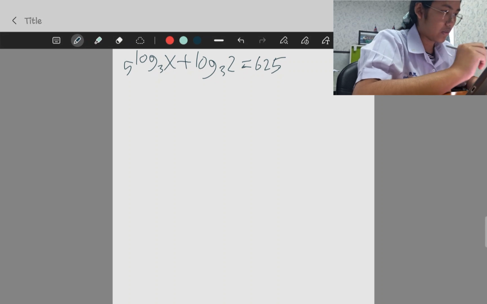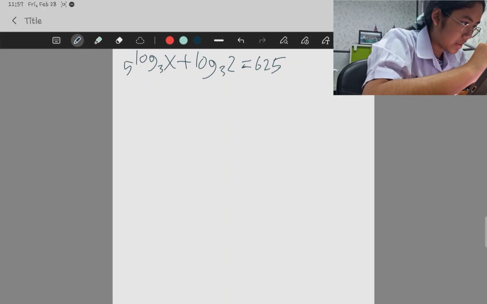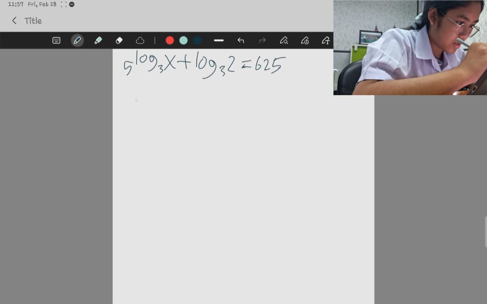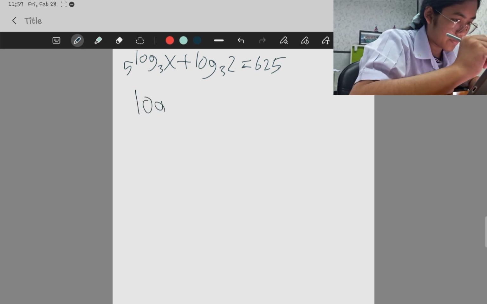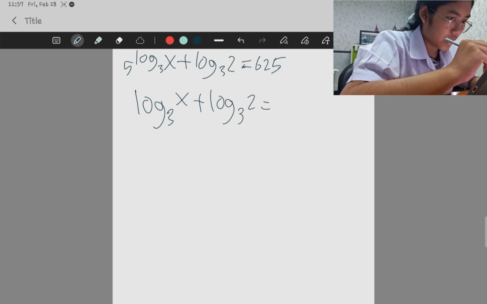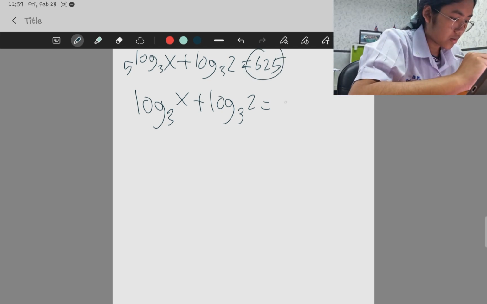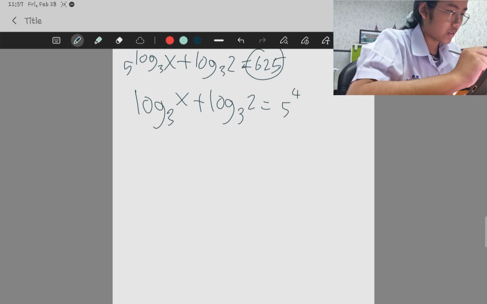Okay, so number 4, the first thing is the base is the same, right? So you can write it like this: log base 3 of x plus log base 3 of 2 equals, change this one, change to 5 to the power of 4.